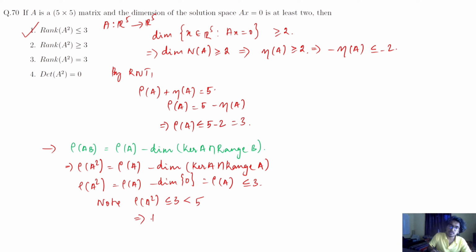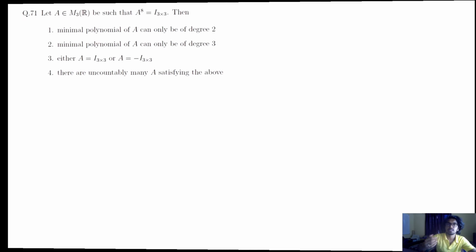This forces determinant of A squared to be 0. A squared will have 5 columns or 5 rows, out of which a maximum of 3 can be linearly independent, which means there are a minimum of 2 linearly dependent rows or columns, hence the determinant is 0. Right, moving to the next question.